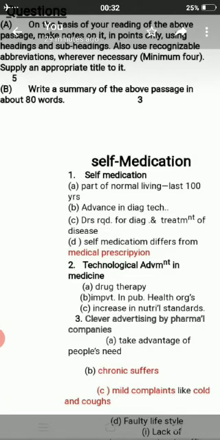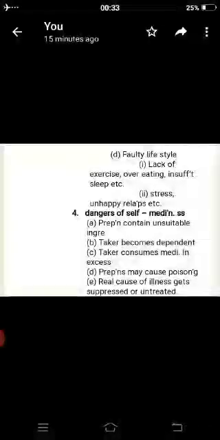And then it is followed by three subheadings. The third main heading is clever advertising by pharmaceutical companies, and then three subheadings like this. In the same manner, the fourth main heading, and here one, two, three, four, five subheadings are there.